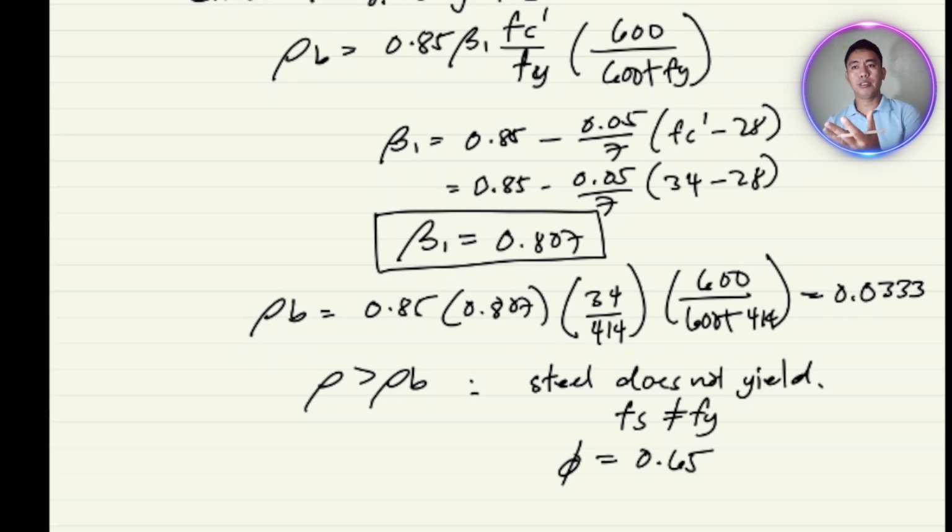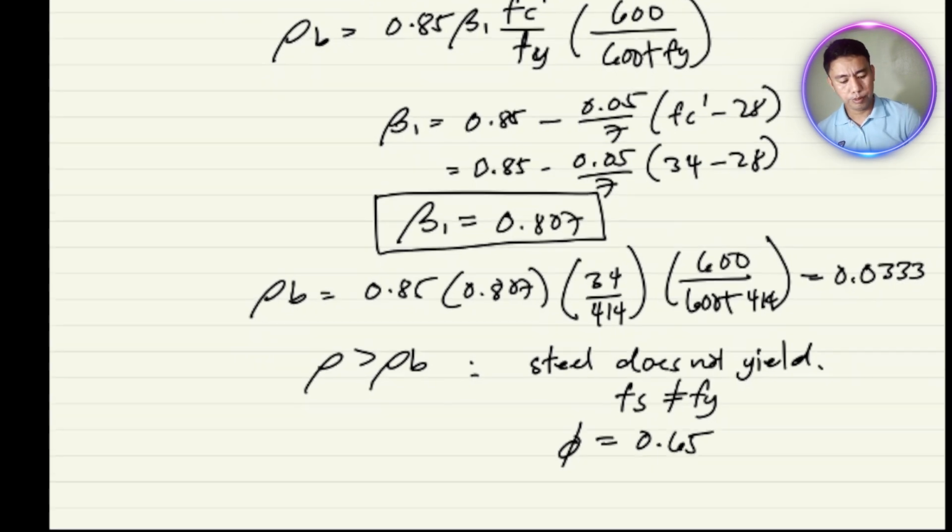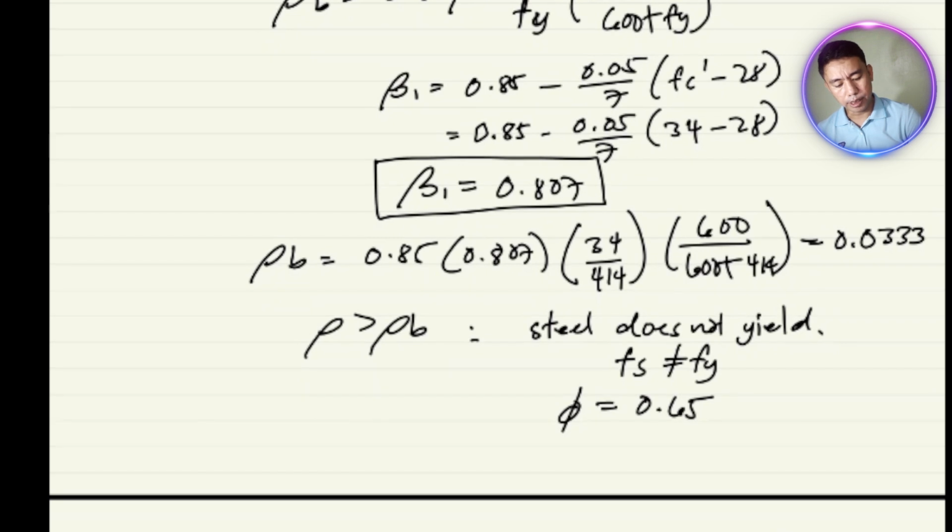Kasi nag-fail na yung concrete before pa ng failure ng steel. So again, kung sino yung una mag-fail, siya mag-control. So this is compression control. Okay. Phi is, I will just write here, compression control.